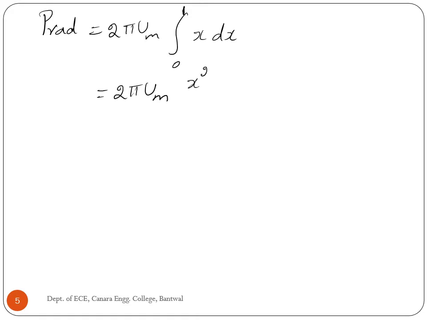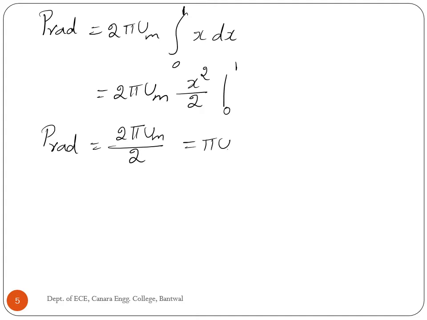I can change the limit to 0 to 1 of x dx, which is equal to 2 pi Um x square by 2 with limit 0 to 1. So radiated power is equal to 2 pi Um by 2, which is equal to pi Um.